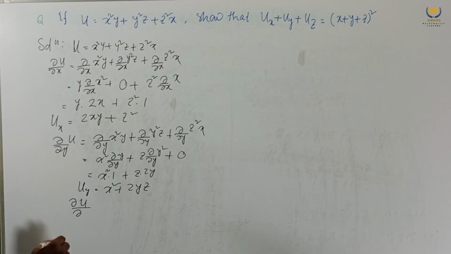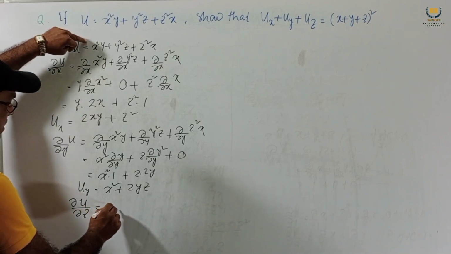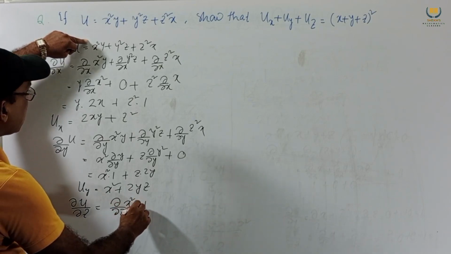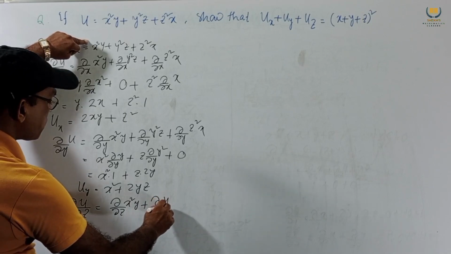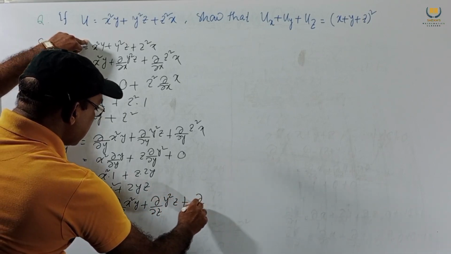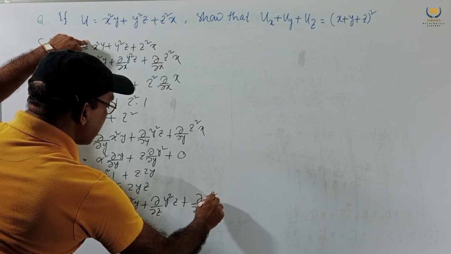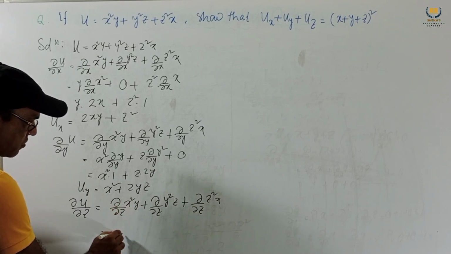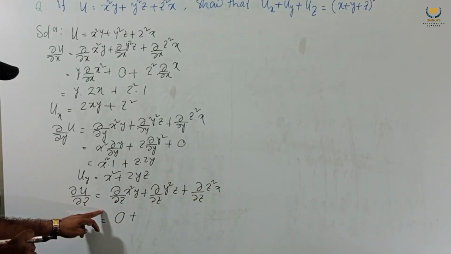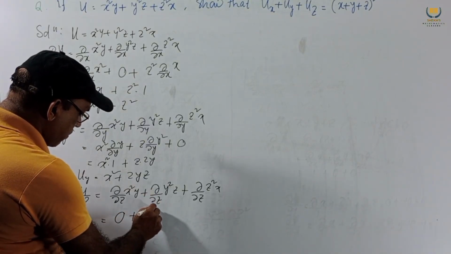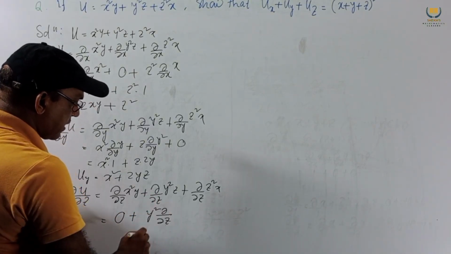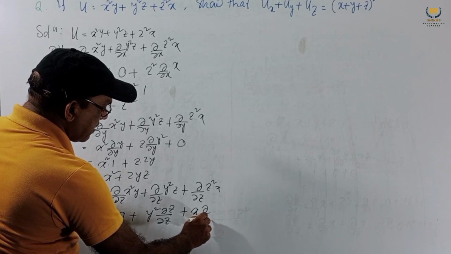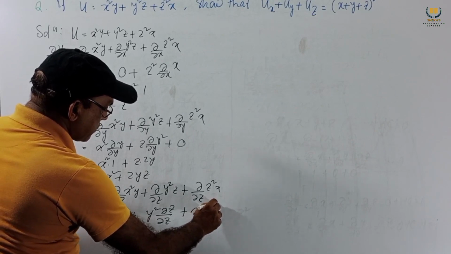Next, we differentiate with respect to z. So this will be del z of x square y plus del z of y square z plus del z of z square x. Now in this case, xy constant, this will be 0 because we differentiate partially with respect to z, and y square constant, this will be outside, del z of z, and x is constant, del z of z square.